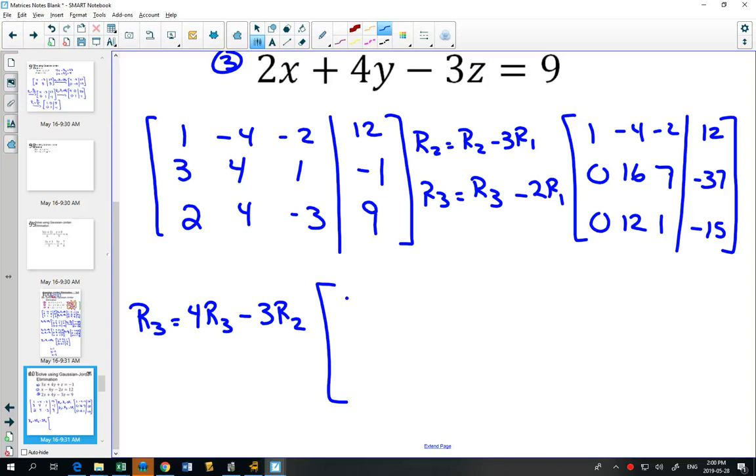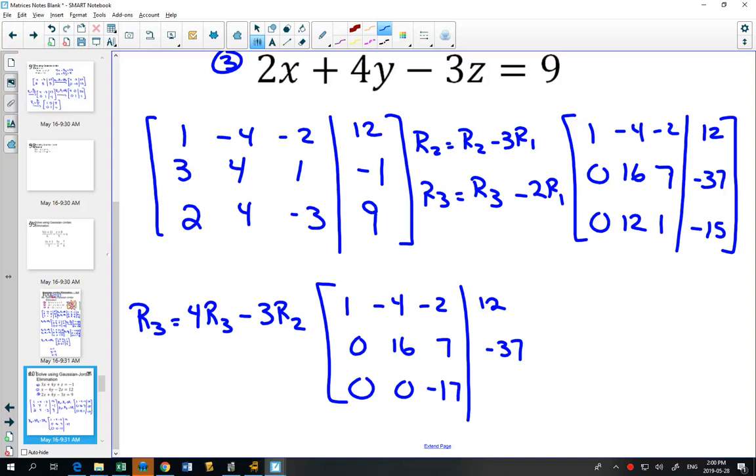So if I do that, row 1 doesn't change. Row 2 doesn't change. Row 3 now becomes 0, 0. Now, 4 row 3s, that'll make this a 4 minus 21, negative 17.